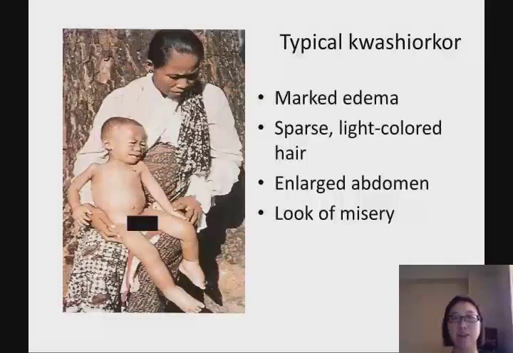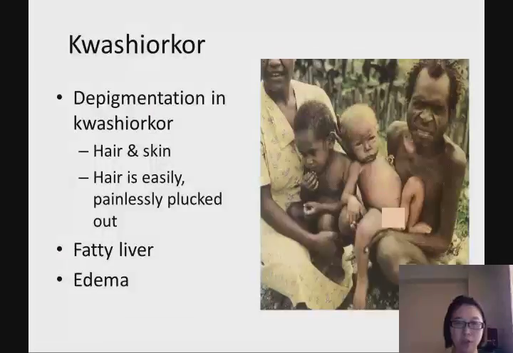And then you can see typical Kwashiorkor, with a markedly swollen abdomen and legs, very obvious, and sparse, light-colored hair. If you compare to his mom, you can see the color is different. Large abdomen and a look of misery, because of the lack of protein for brain interactions.